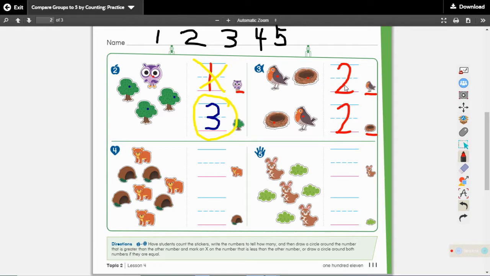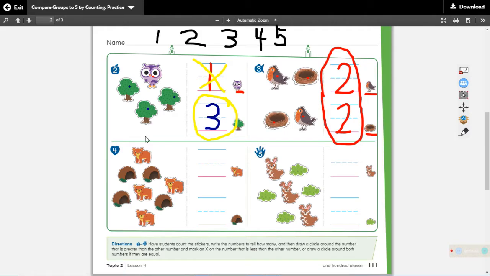If our numbers are the same, which they are, they're both 2's, then that means they're equal. And if they're equal, we circle the whole group. We circle both numbers. Go ahead and make sure you do that for me.